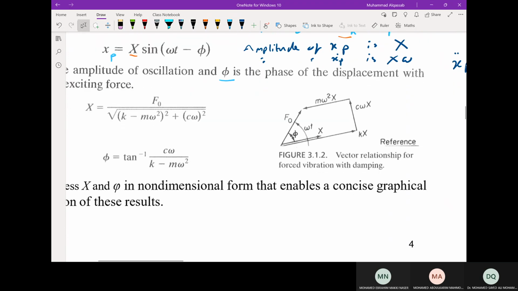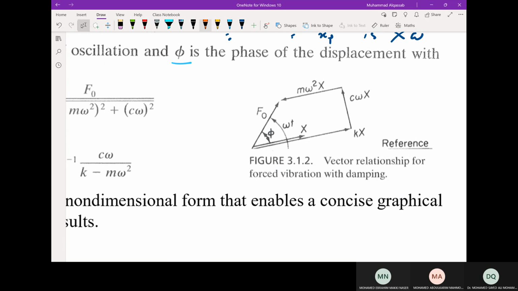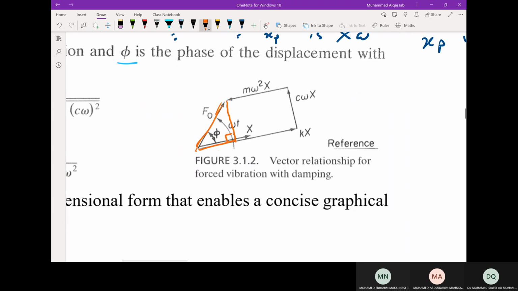Now with this polygon we can draw a right angle triangle. I just project a line here. This is 90 degrees. Then you have a right angle triangle, from which you can find all the angles.